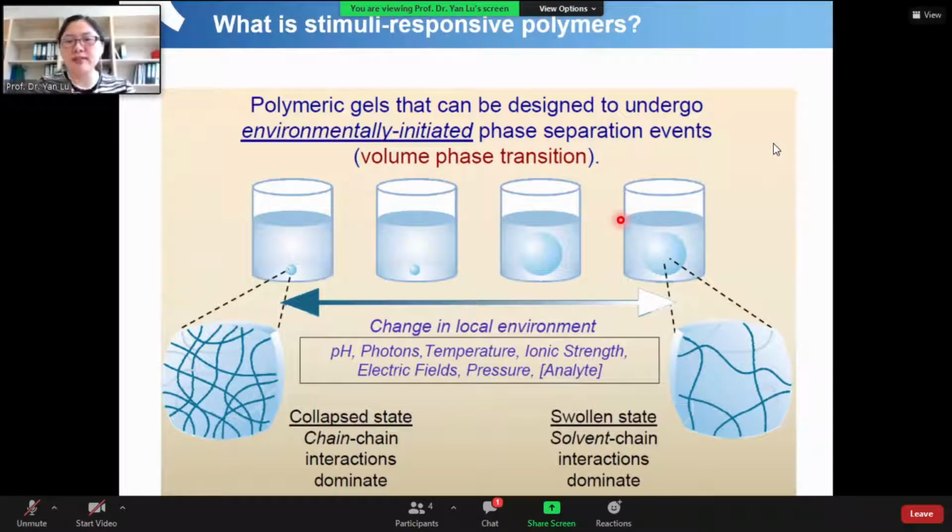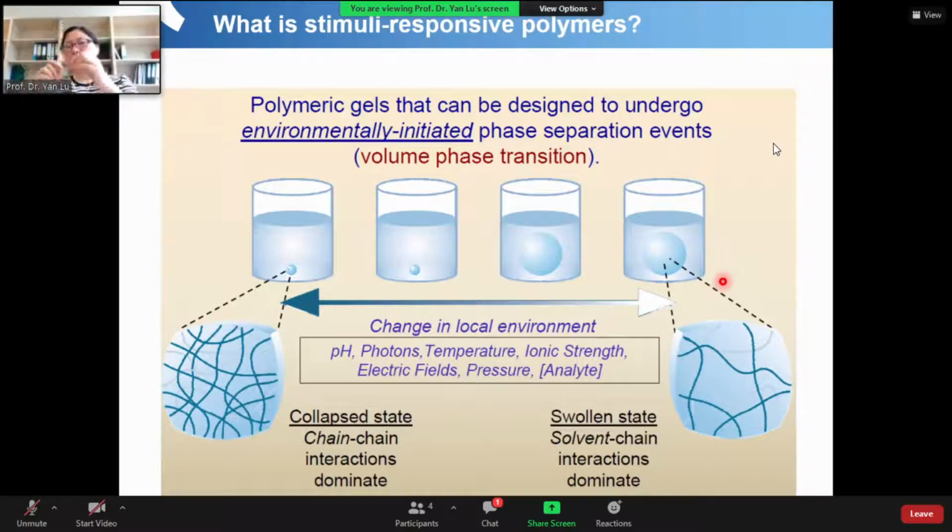In this case, the polymer chains will have a transition from the swollen state. In the swollen state, the interaction between the polymer chain and the solvent is the dominant interaction.